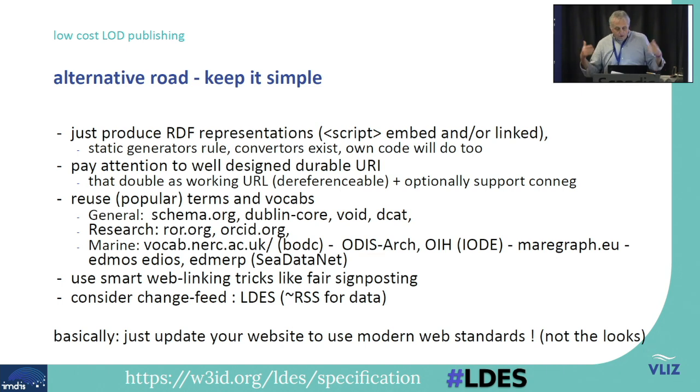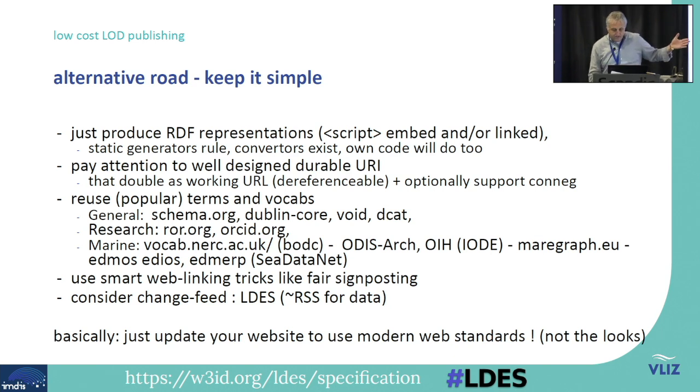ROR, ORCID, all those exist, but especially in the marine domain, you have the Ocean Info Hub today. You have, since ages, the NERC vocabularies. We are introducing, I have a small slide on that, a little new venture in the MarGraph project, but all the SeaDataNet SPARQL endpoints providing EDMO, EDIOS, etc., they're there to be used, right? And then on top of that, there's some technical stuff.